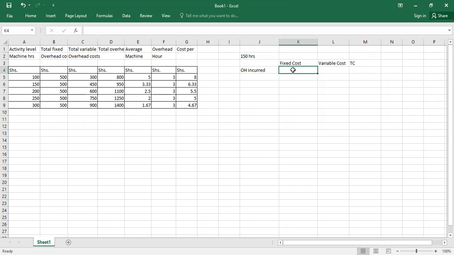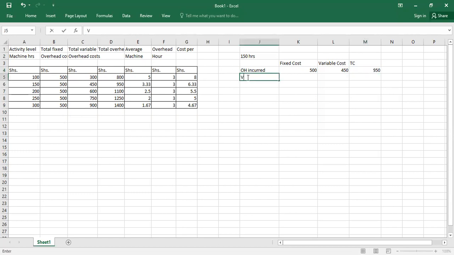I'm going to indicate 500. Then the variable is 450. That will give me a total cost of 950, right? Yes.